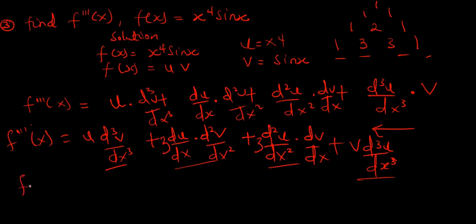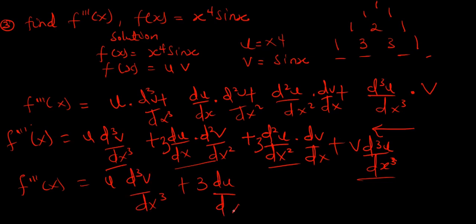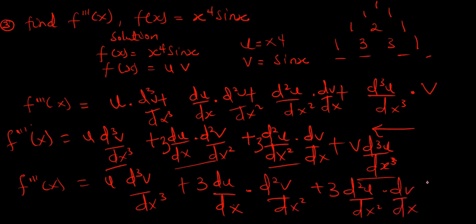So at the end of the day, f''' of x is going to be u d³v over dx³ plus 3 du over dx multiplying d²v over dx² plus 3 multiplying d²u over dx² dv over dx plus v d³u over dx³. Okay, so this is what we have.